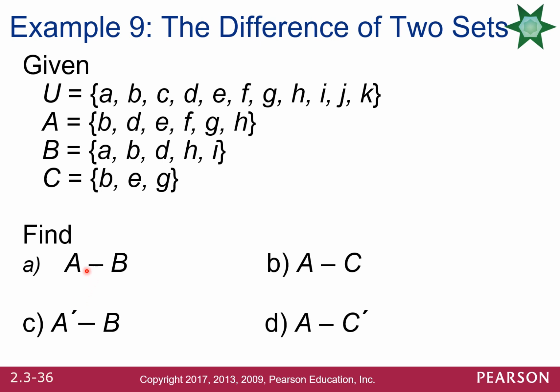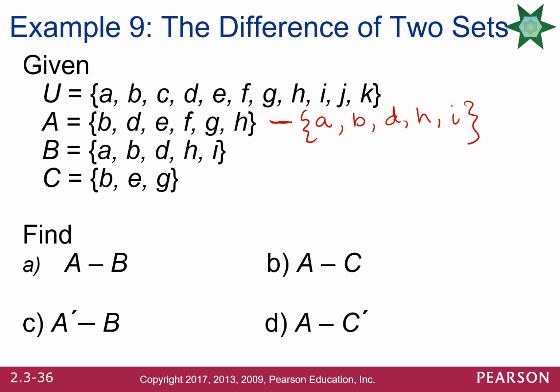It means include all elements which are in set A but not in B. All right, so here we have the list of elements in set A, B, D, E, F, G, and H, and from that we have to subtract all the elements which are in set B. So I'm going to list the elements here from set B, which are A, B, D, H, and I, correct?